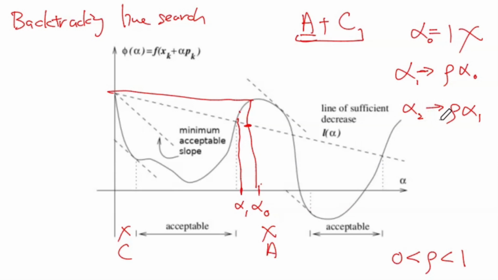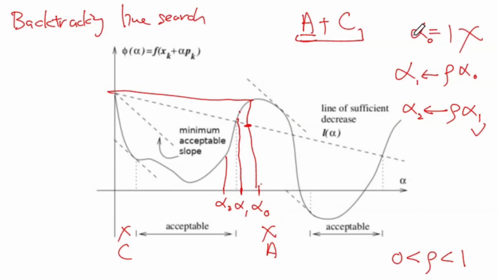If alpha 2 now fulfills the sufficient decrease condition, then we choose alpha 2. So this is the so-called backtracking line search method.